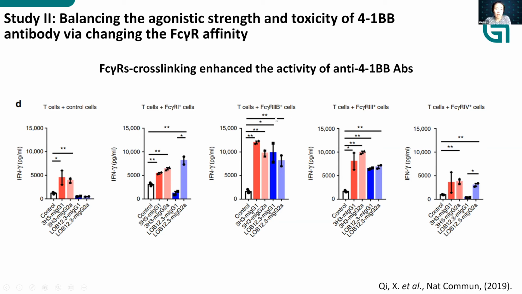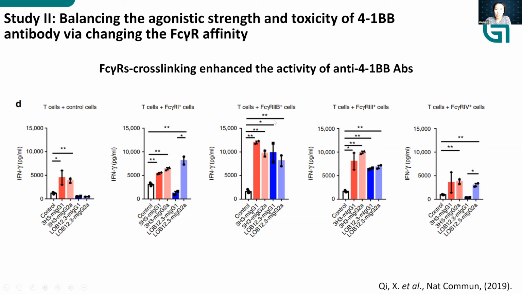And in particular, the FcγRIIb expressing situation actually elicited the highest amount of interferon gamma release, which is to some extent surprising, because we're thinking probably the activation type of FcγRs, on the high affinity Fab, should give the highest amount of adverse effect, right?